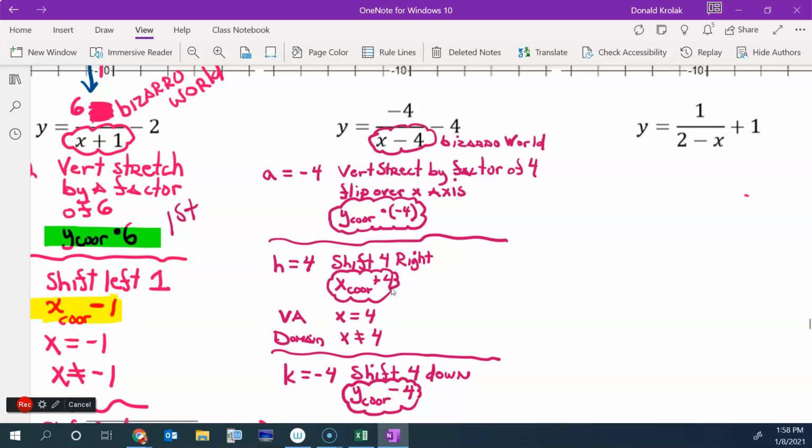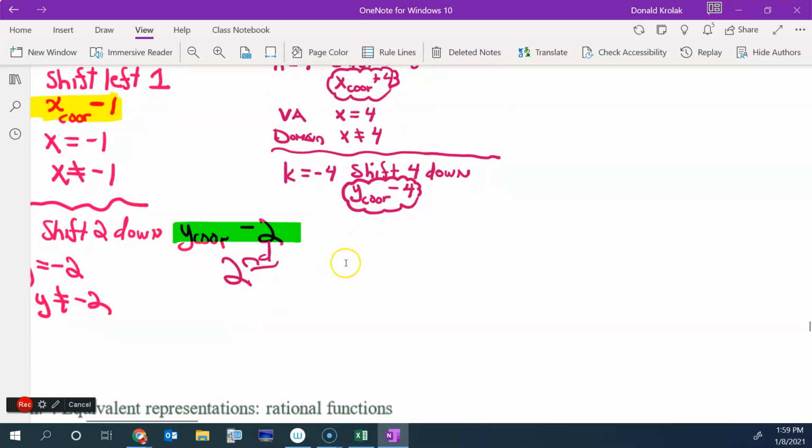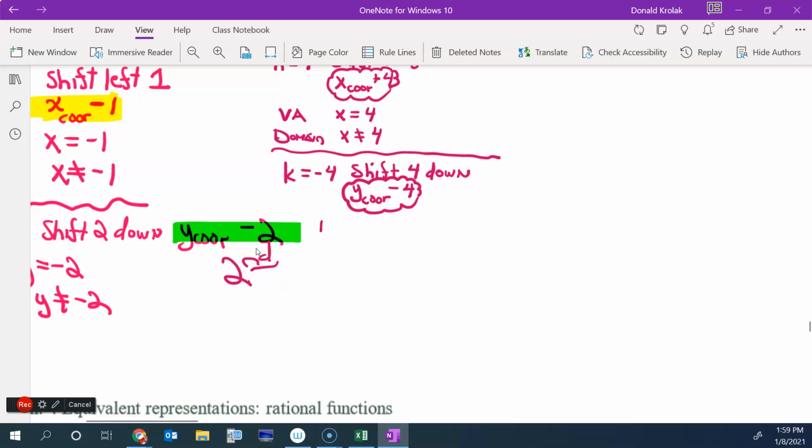This works on the Y coordinate and this works on the Y coordinate. You have to do the one that uses multiplication first. So I've got to do the multiplying by -4 before I do the subtracting 4. I can do this one anytime, at the beginning or at the end, as long as the multiplying is before this subtracting.